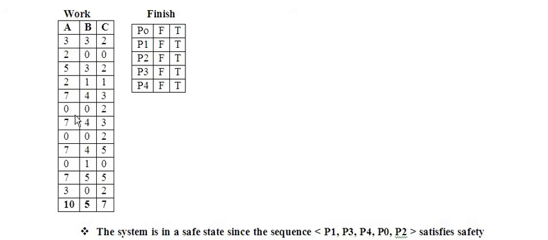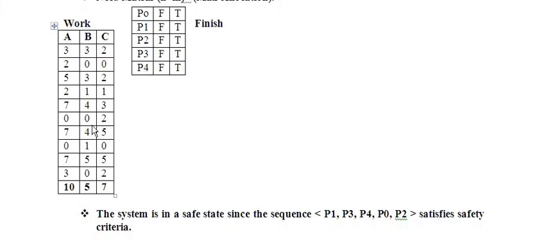So P4, that is process 4, has 002, which space will be free. Now it is added. So my next thing is P4 will be added. Then we add it, it becomes 745.